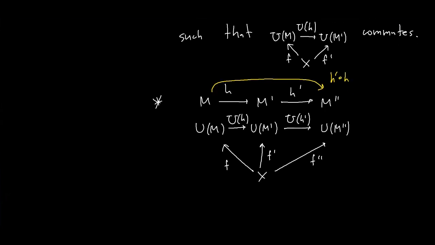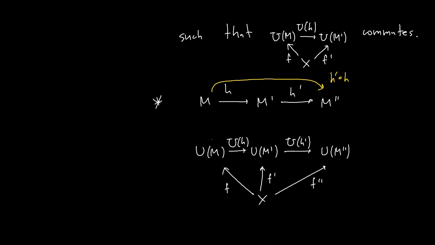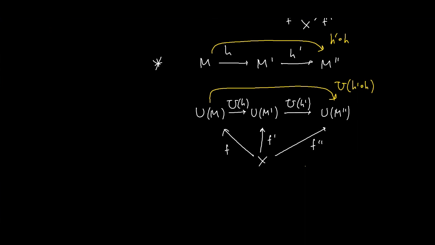But then how do I know that the triangle still commutes for that composite? So let me draw that in. How do I know that now if I do U of H prime composed with H, I still get U of that thing composed with F equal F double prime?